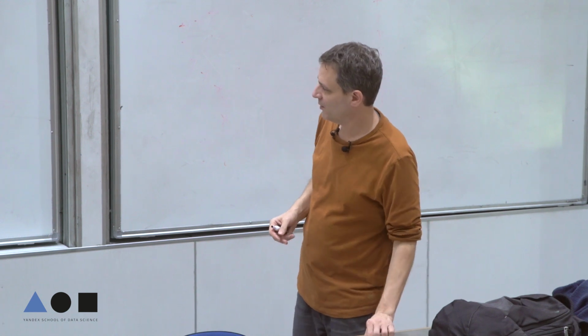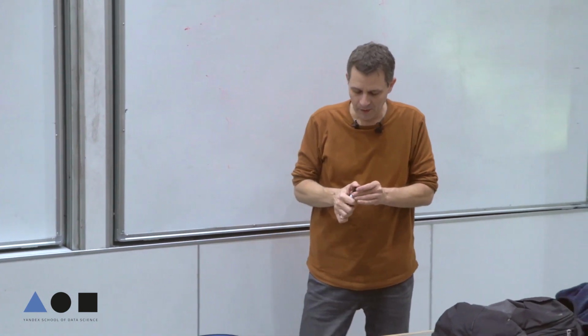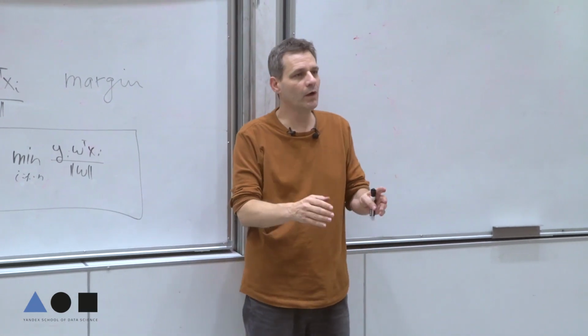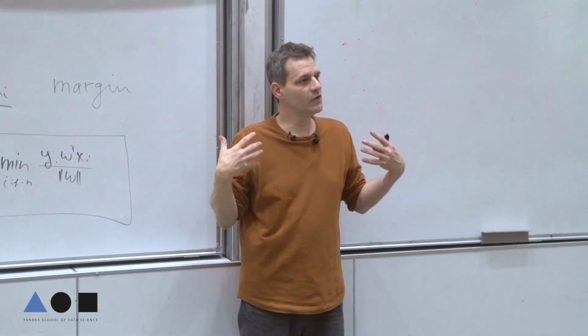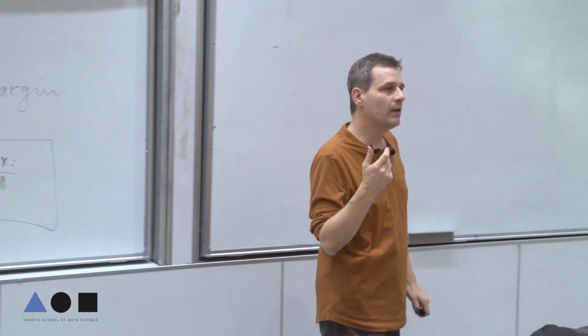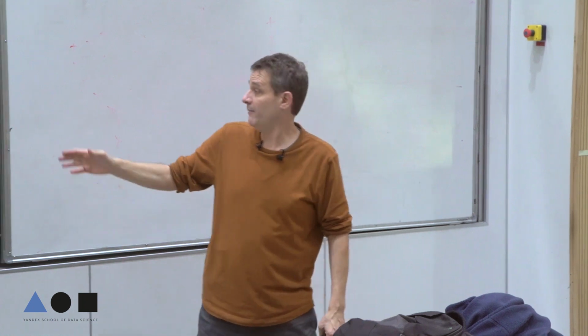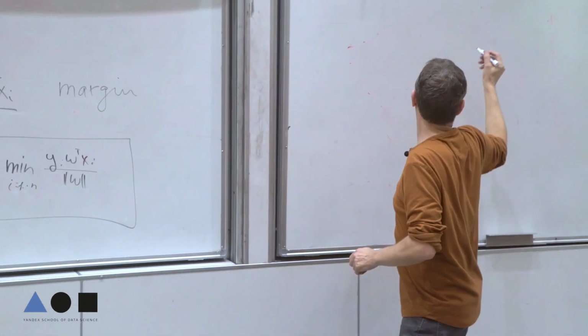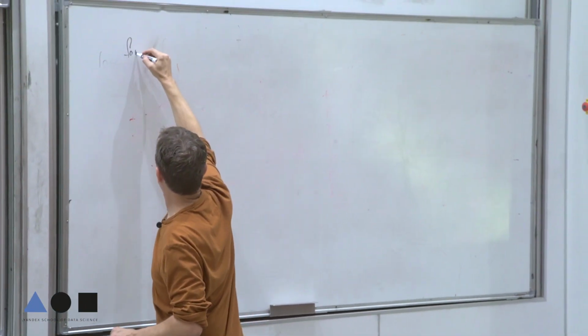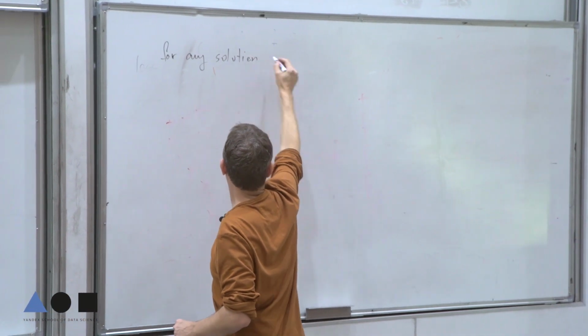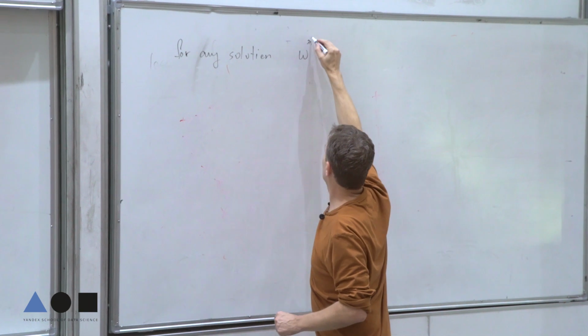So now comes the hardest part. You remember I told you we divide by the norm of W because we want it to be not sensitive to the scale. Now what this means is, imagine that I have a solution W star.